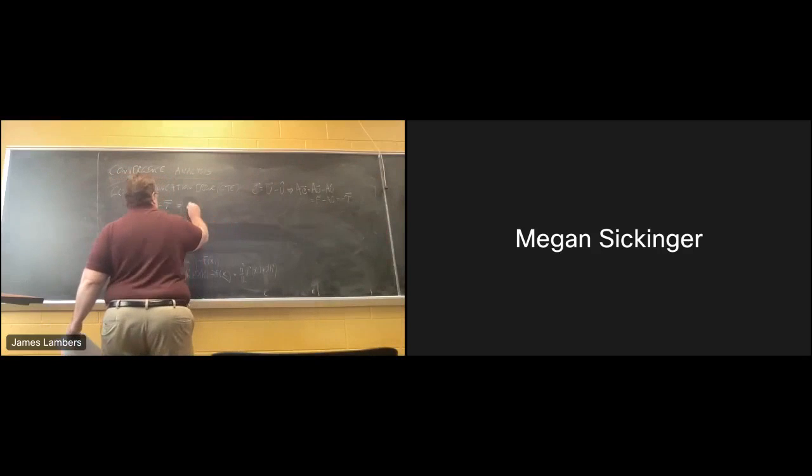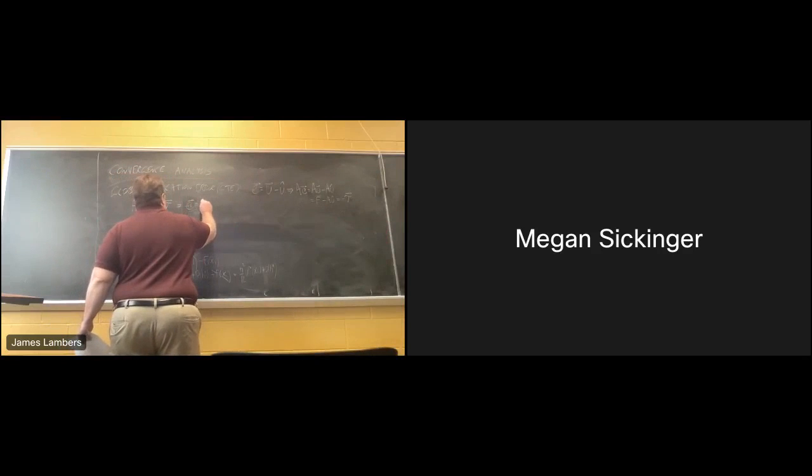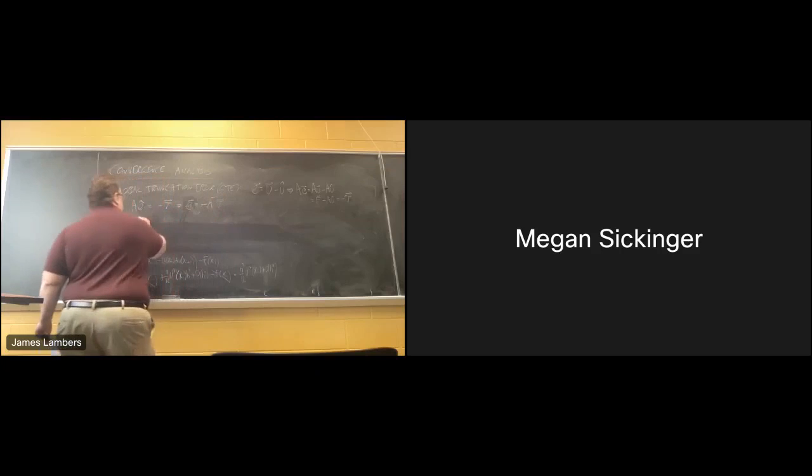What we can do is use this equation. A E is equal to minus tau, and solve for E. E is equal to minus A inverse tau. Then I take the norm of both sides.